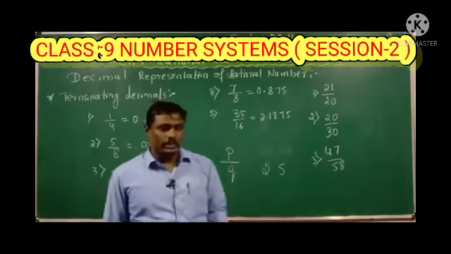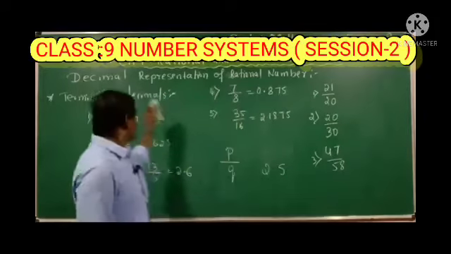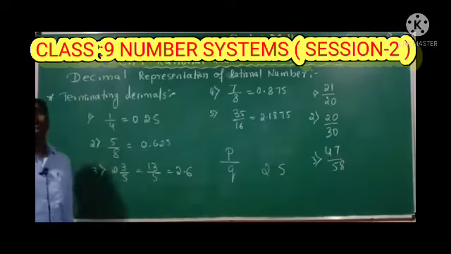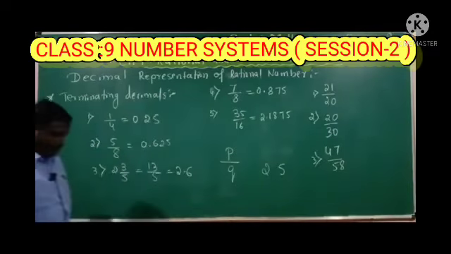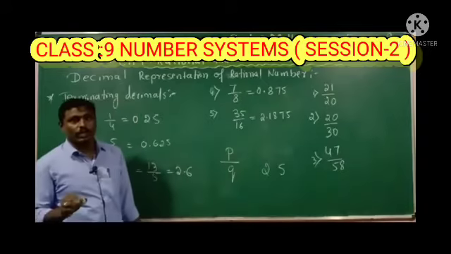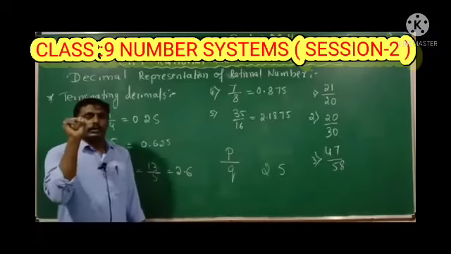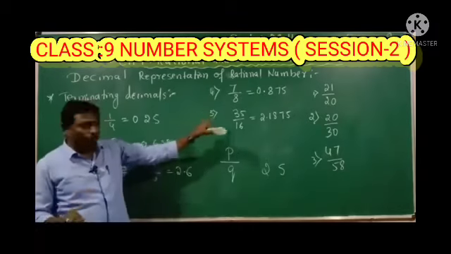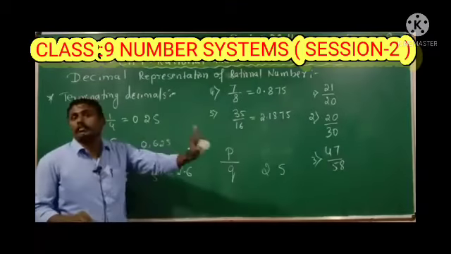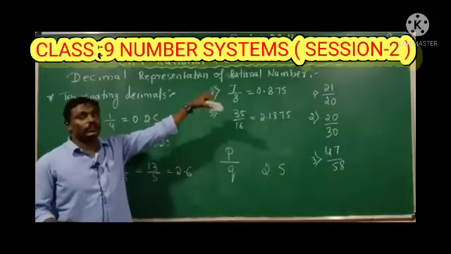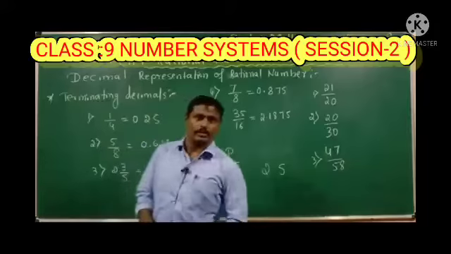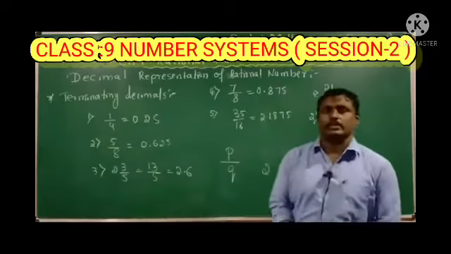Can I take one example? These are some examples of terminating decimals. So terminating decimals means what? The numerator is exactly divisible by the denominator without leaving any remainder. What we get as the quotient is a terminating decimal.